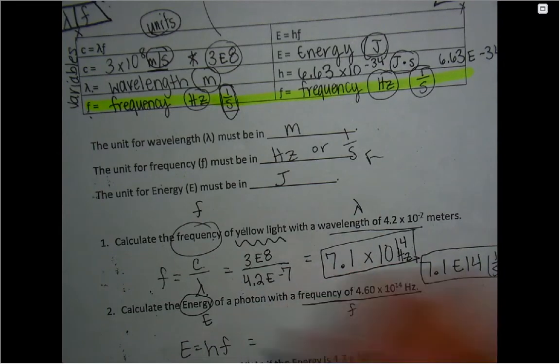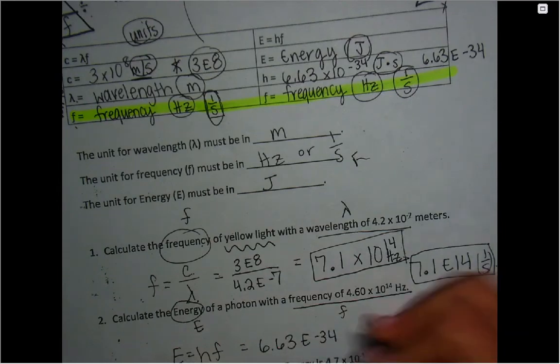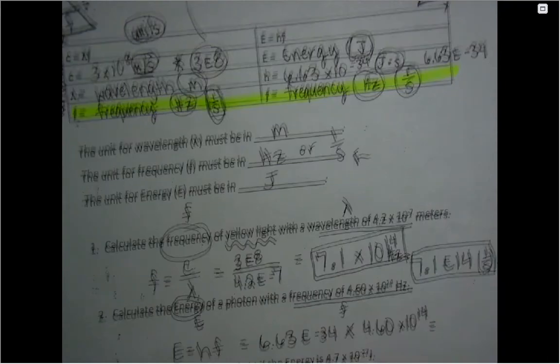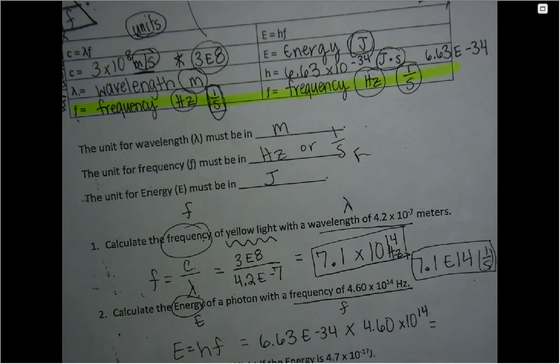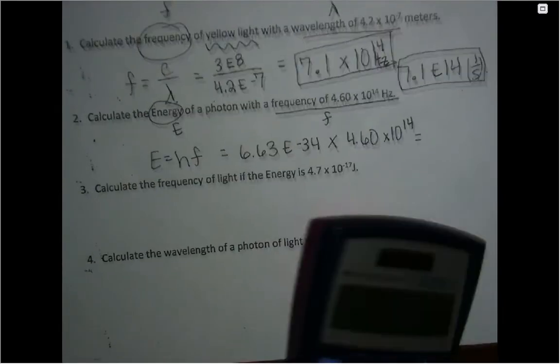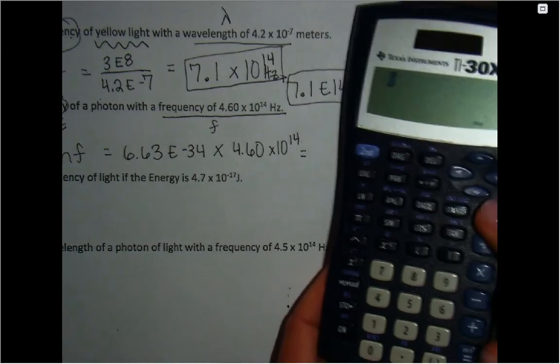We're going to say H, which was 6.63 E -34. And we're going to multiply that by frequency, which was 4.60 times 10 to the 14. How many decimal places do you want to report your answer to? Probably 2, okay? So let's look at our answer. Let's try typing that one in. That's a beast. So I will put the calculator right here so you can kind of see which buttons I'm pushing, but I'm just following this along, okay?